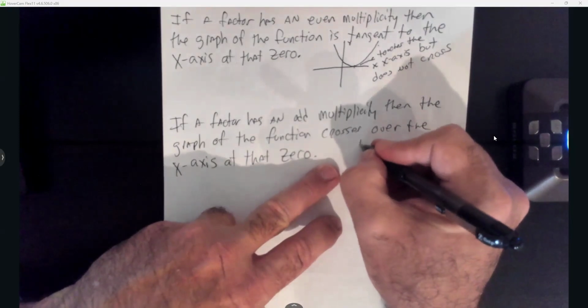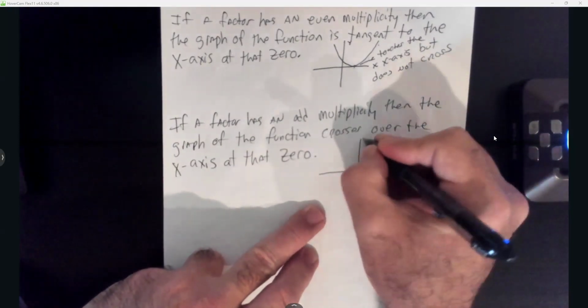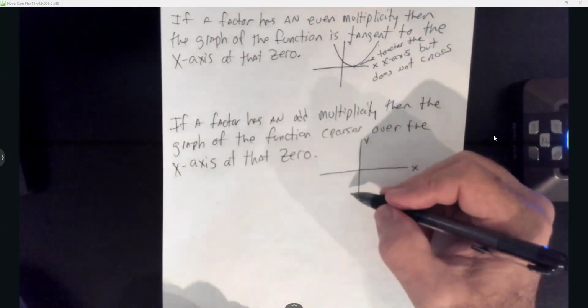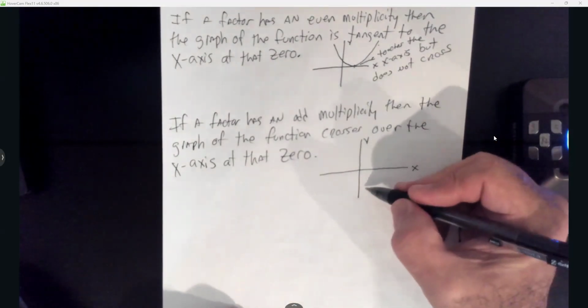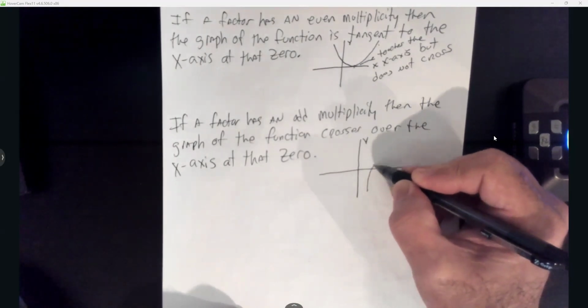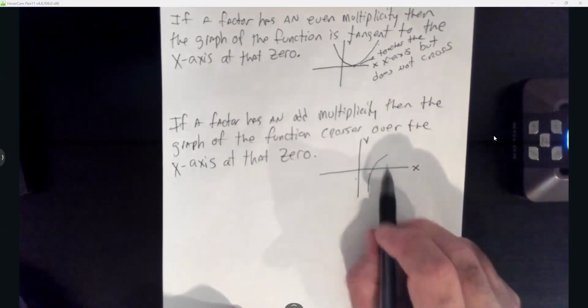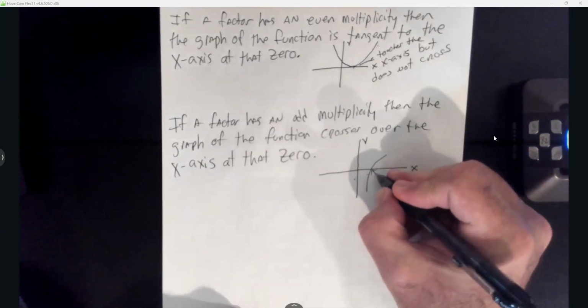So y'all, if you had your x and y again, and say this was an odd function, it would come up and cross over the x-axis.